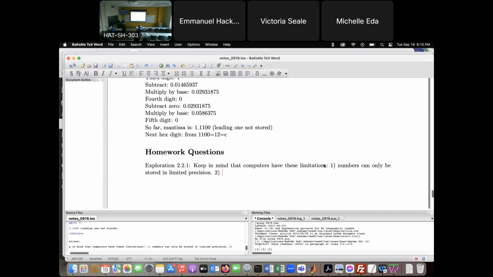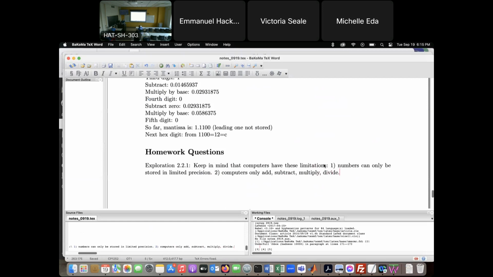Second, computers can only add, subtract, multiply, and divide. Those are its powers.